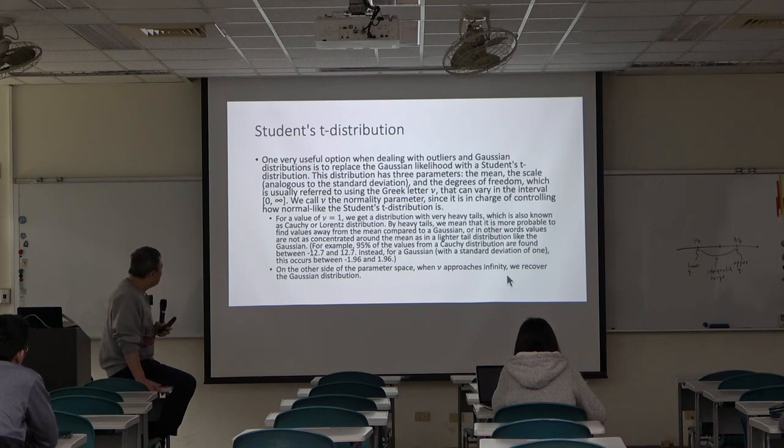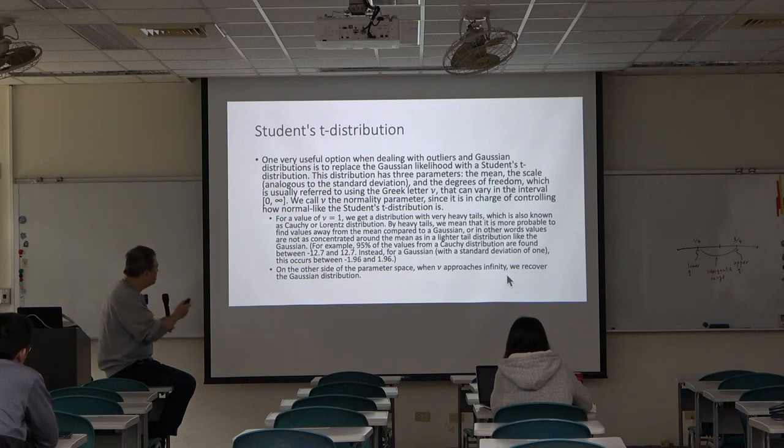For a value of v equal to 1, we get a distribution with heavy tails. Obviously, the normal distribution is not heavy tailed, right? So this is not a normal distribution, but it is known as the Cauchy or Lorentz distribution. You don't need to remember those names because, in some sense, we can just use the student t distribution.